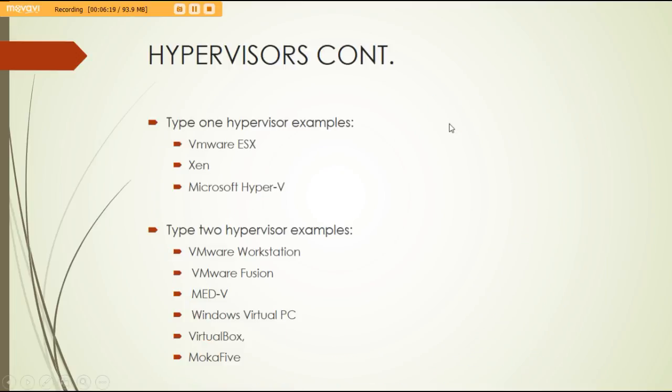Some examples of type 1 hypervisor are VMware ESX, Xen, and Microsoft Hyper-V, and an example of a management console is XenCenter, which is used for the Xen server. Examples of type 2 hypervisors are VMware Workstation, VMware Fusion, Windows Virtual PC, VirtualBox, and Mocha.